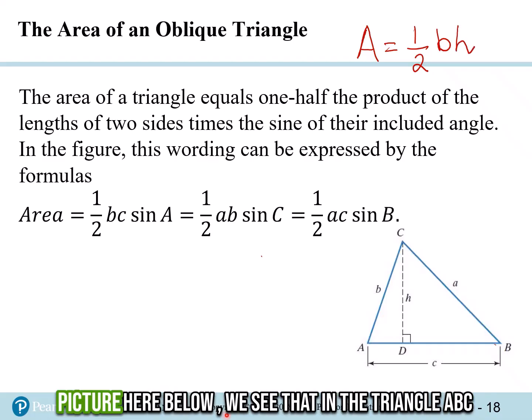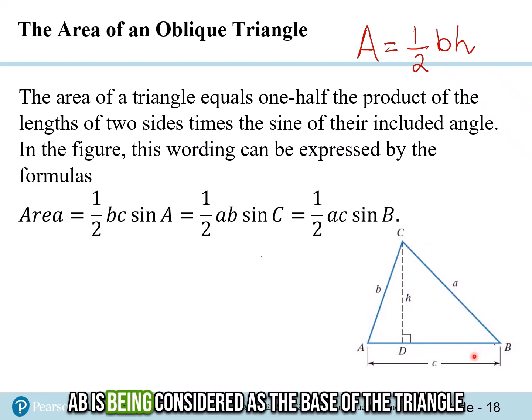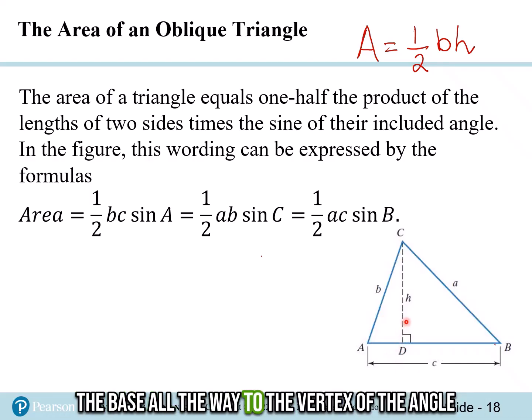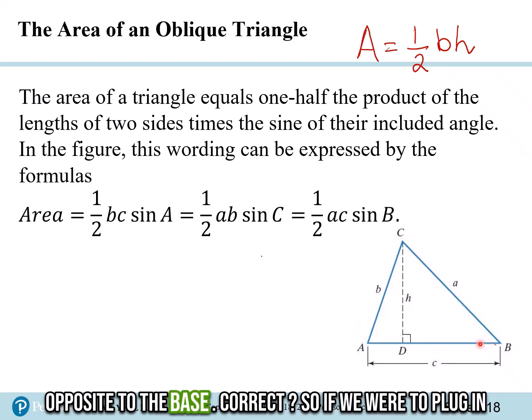In the picture here below, we see that in the triangle ABC, AB is being considered as the base of the triangle, and the height is the perpendicular line running from the base all the way to the vertex of the angle opposite to the base, correct?